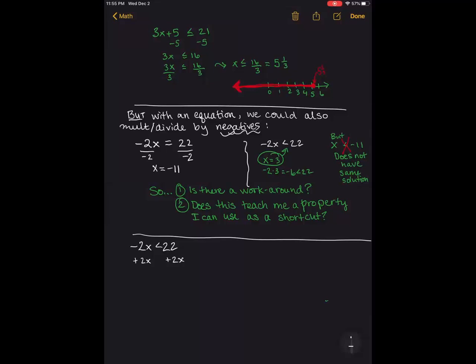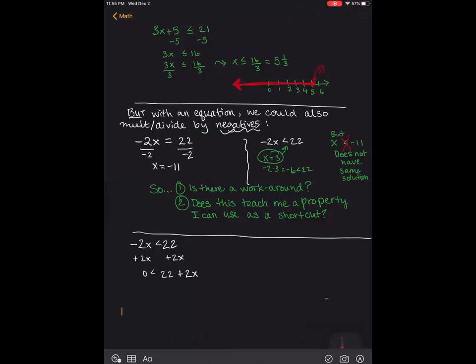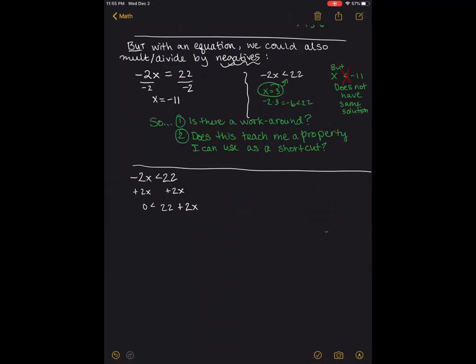Now, why would I want to do this? Well, when I add the 2x to both sides, on the left I get 0. 0 is a nice number. But the other nice thing is I get 22 plus 2x on the right. So now I've taken that negative coefficient, negative multiple on my x, and by adding 2x to both sides, I've eliminated the negative.